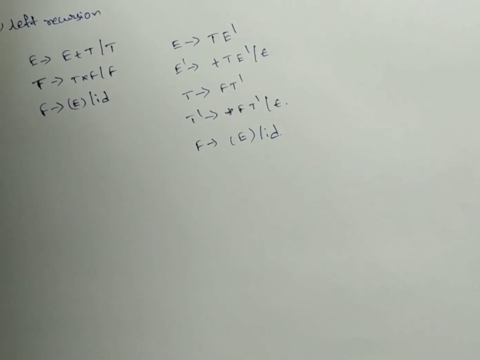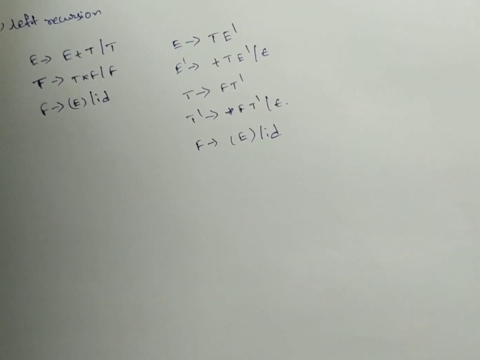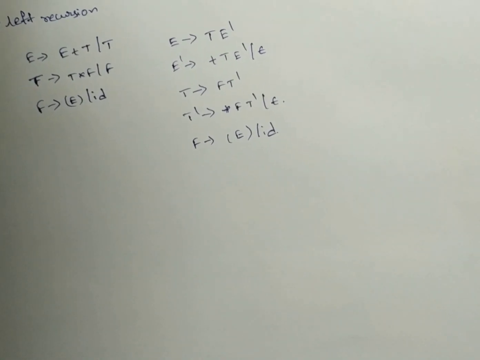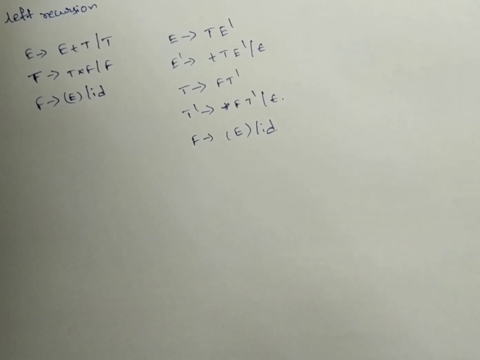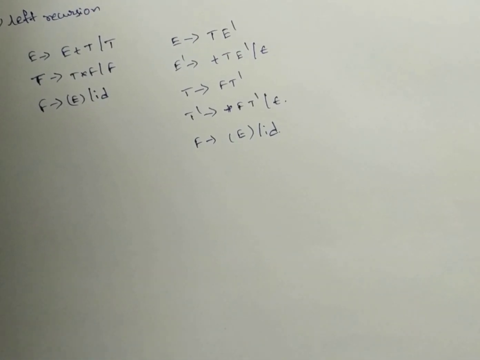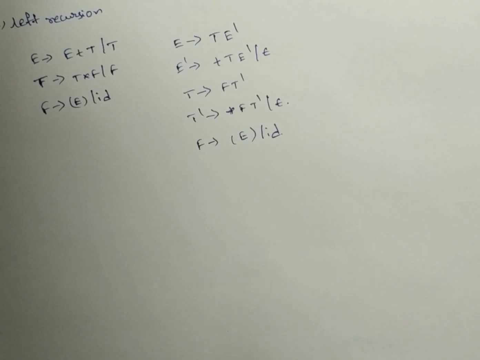By using this grammar we can find the first and follow. And the fourth condition is ambiguity. Ambiguity means creating a confusion. If any grammar is creating a confusion, if you have two or more options to take, then the ambiguity condition arises.